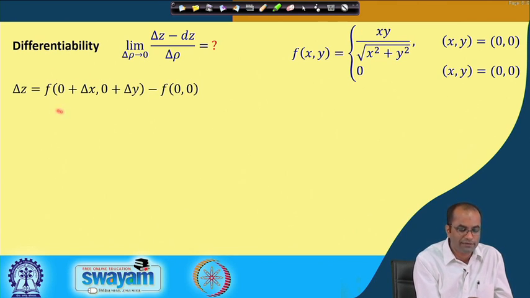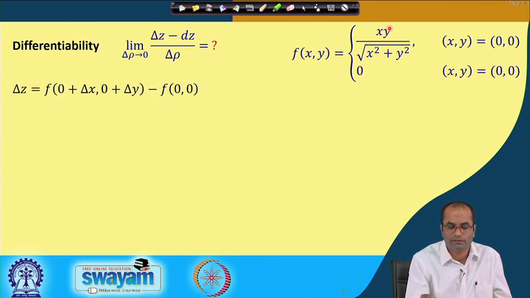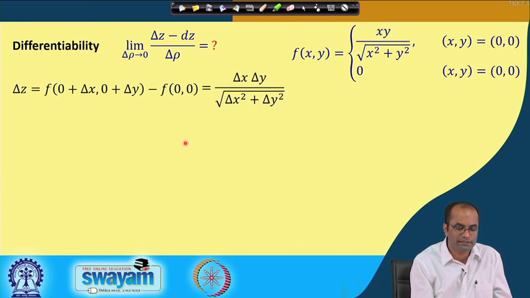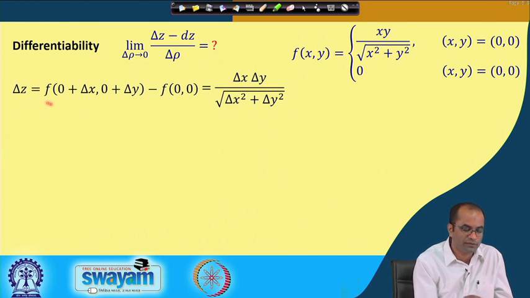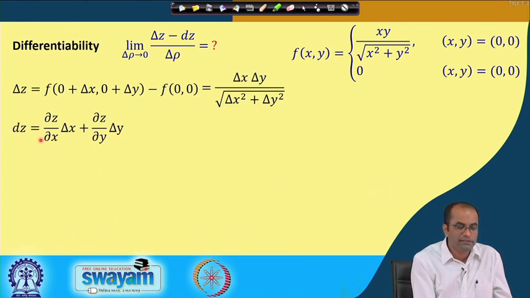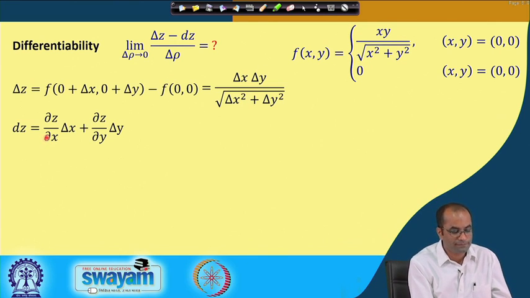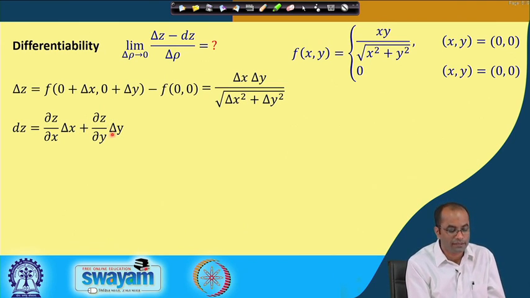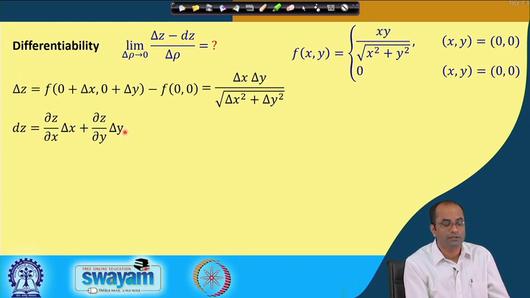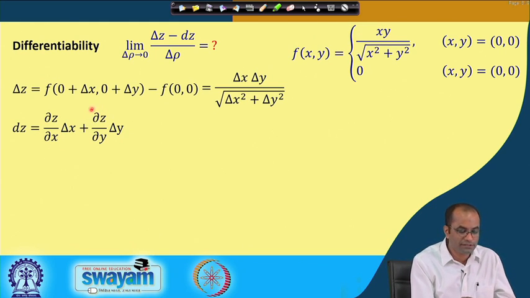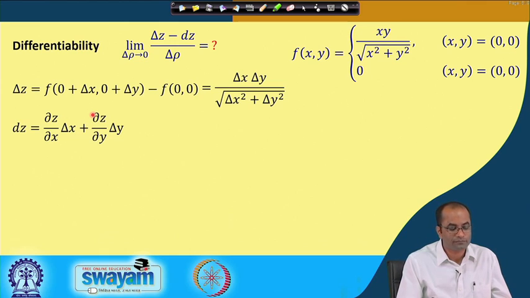So, this f(0,0) is 0. So, here we have f(delta x, delta y). So, here this x y will be replaced by delta x delta y. We have delta x delta y over the square root of delta x square plus delta y square. And now, this dz, the differential of z, is the partial derivative with respect to x, times delta x, plus the partial derivative of z with respect to y, and then we have delta y. These two we have just seen before that they are 0.